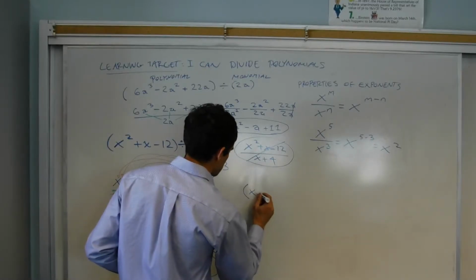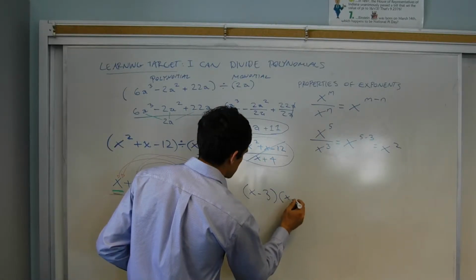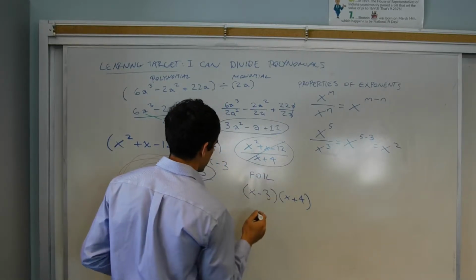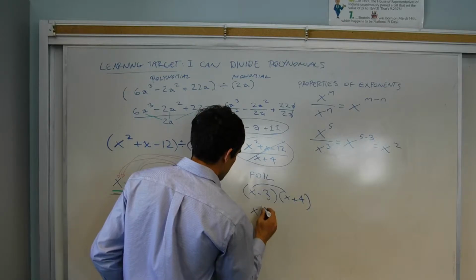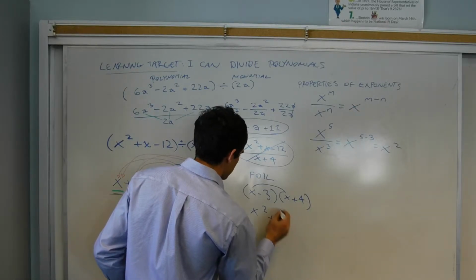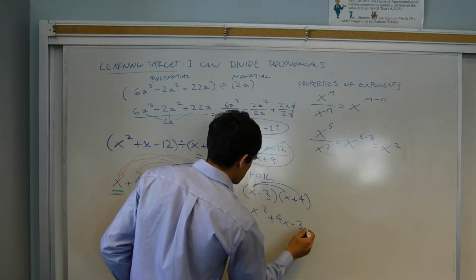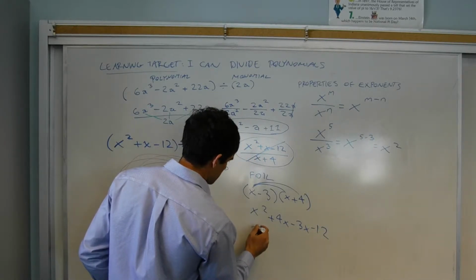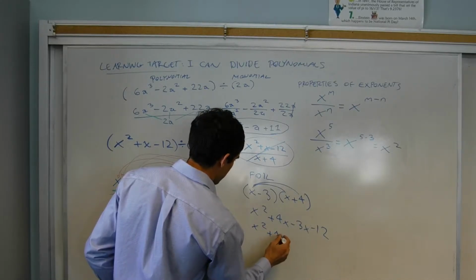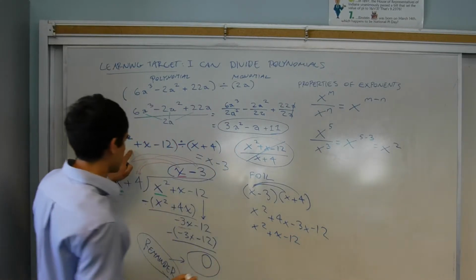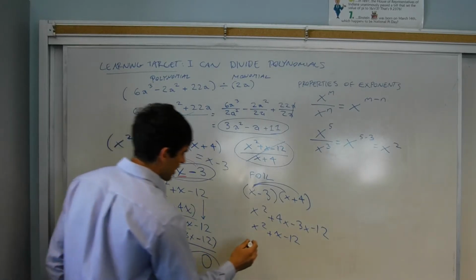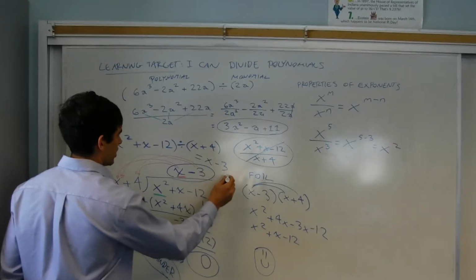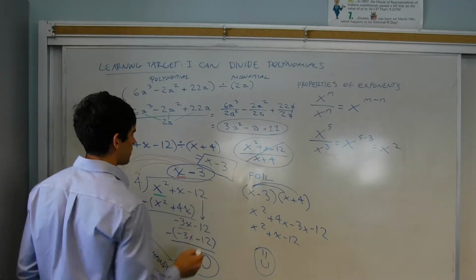If we do x minus 3 times x plus 4, we'll use the FOIL method, which we went over in a previous video. We get x squared plus 4x minus 3x minus 12. And this becomes x squared plus x minus 12, which is exactly what we have here. So that makes us happy. We can celebrate with a smiley face. We can write a nice big box around our answer.